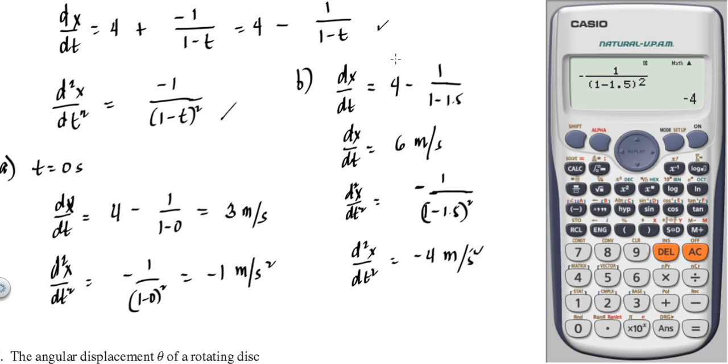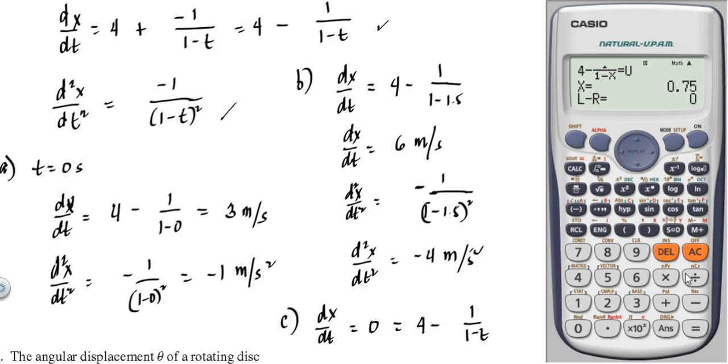So the equation, let's put it here. Equals 0. What is the time? So 4 minus 1 over 1 minus t equals 0. What is t? Let's solve this, we can also calculate it using the calculator's calculus function, shift solve.